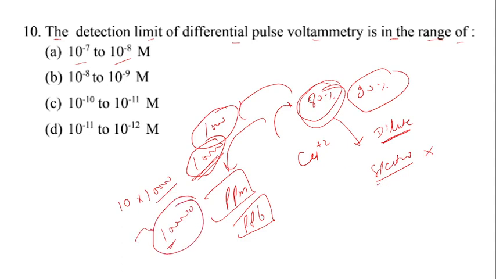So your spectroscopy will not give the correct result, and you need to go with classical analysis only, which is titration, or you can say volumetric analysis.